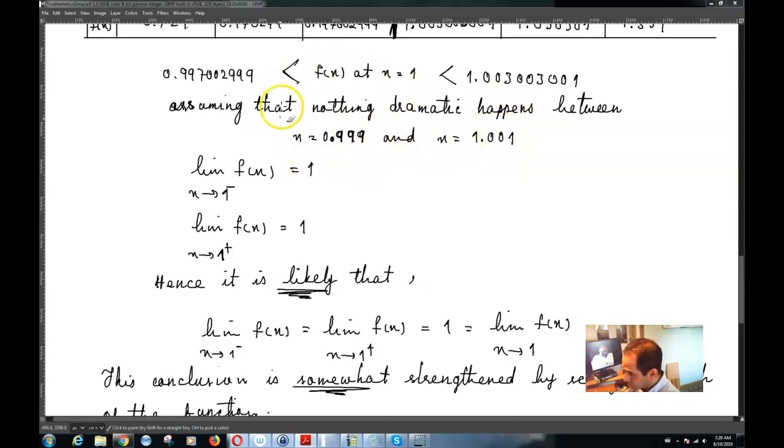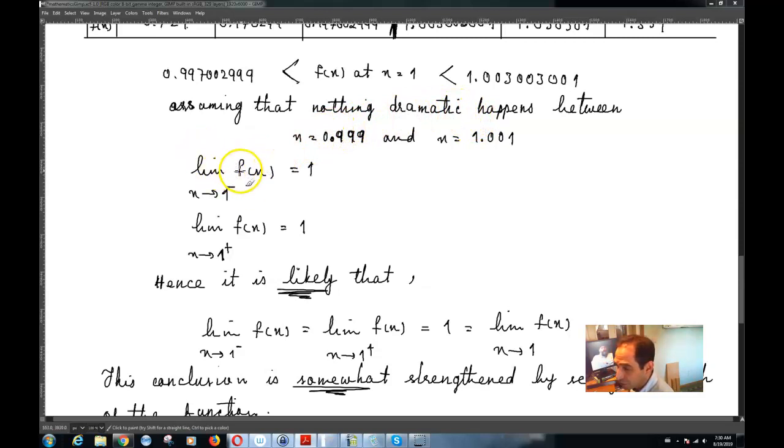The way that we are taking the limit of these functions is not that precise, not exactly defined, meaning that over here I'm making an assumption that nothing dramatic happens between these two values of x, which is of course not a safe assumption to make, because anything could happen between these two values of x. But this point will be taken care of later once we define limits.